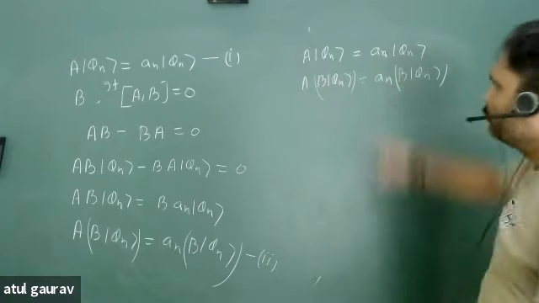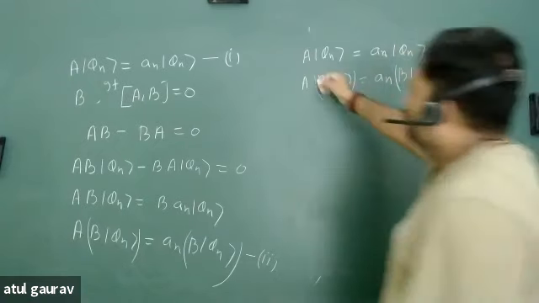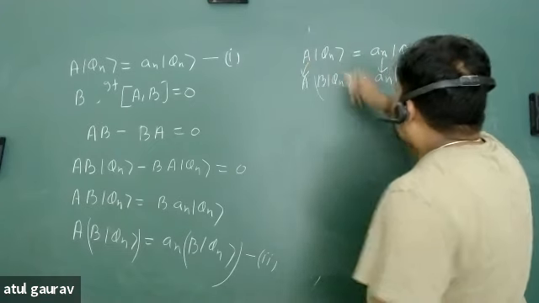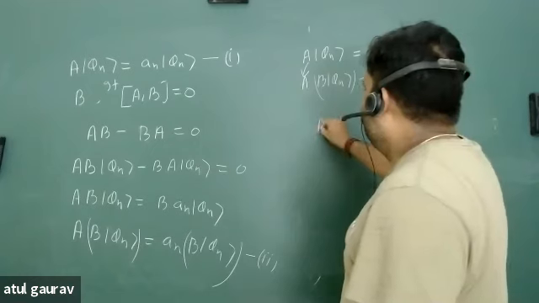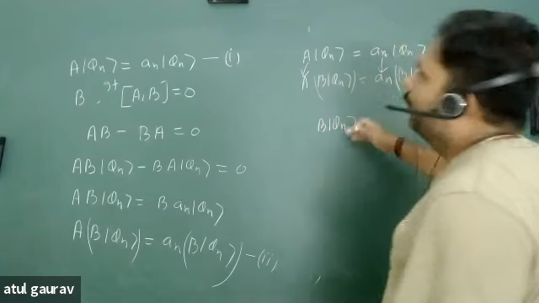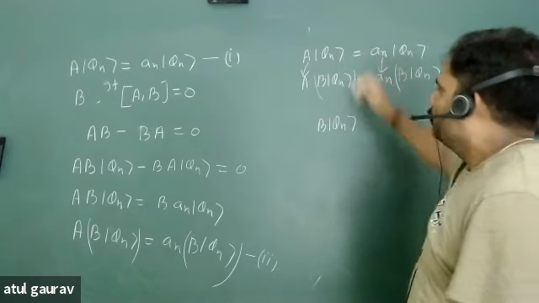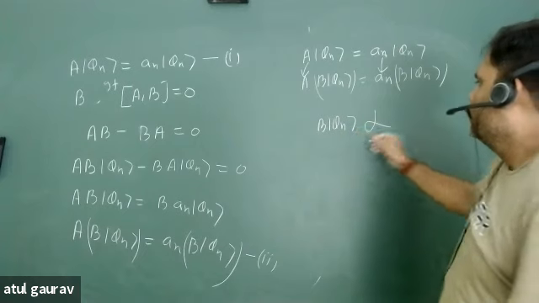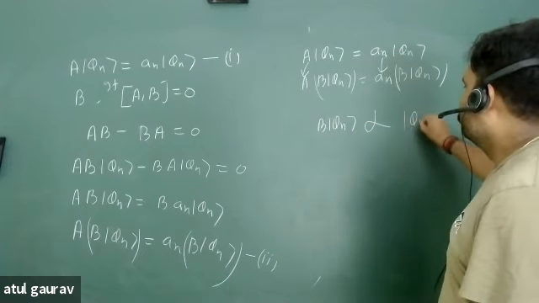So at least from these two equations, I can write, not in terms of equality, but in terms of proportionality, that Bφ_n is proportional to φ_n.